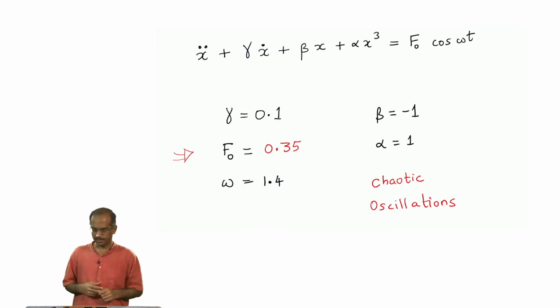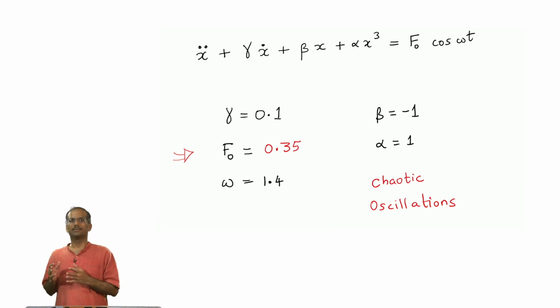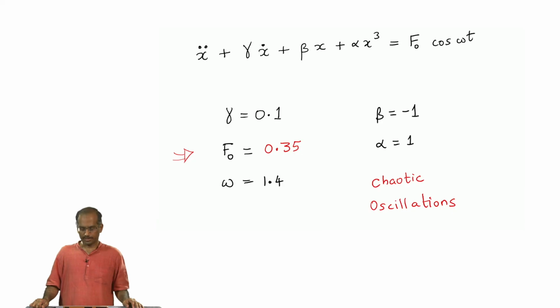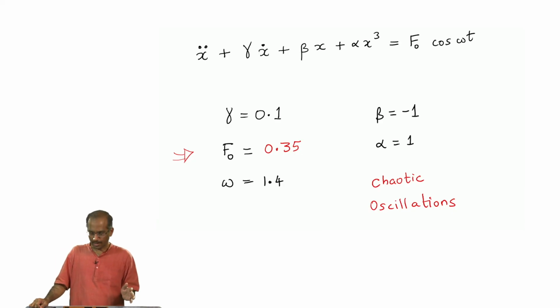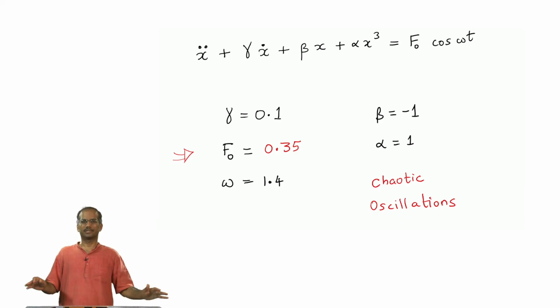So, systems like these which have nonlinear restoring force, they have dissipation, they have external forcing, they have all the ingredients to display chaos. For example, when we had only linear restoring force, we did a similar problem. We had dissipation, we had external forcing, but the restoring force was linear. In that case, you will not see such chaotic oscillations, whatever your parameters are.